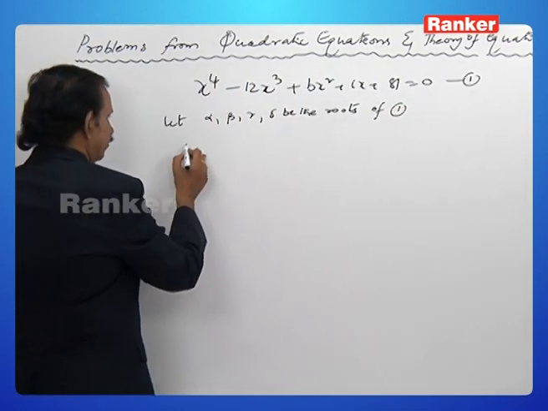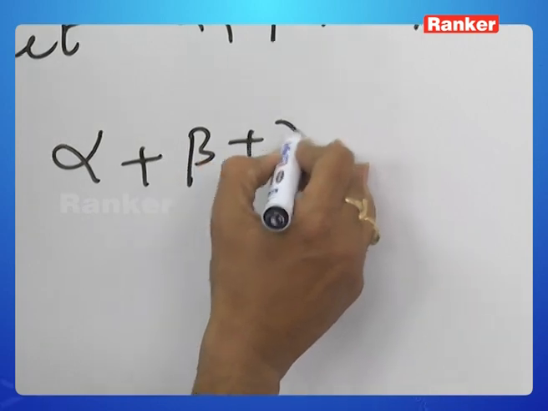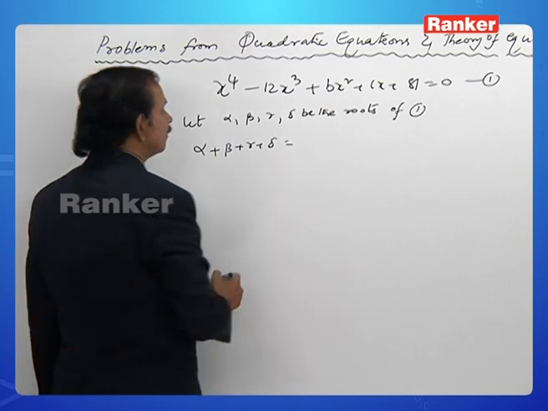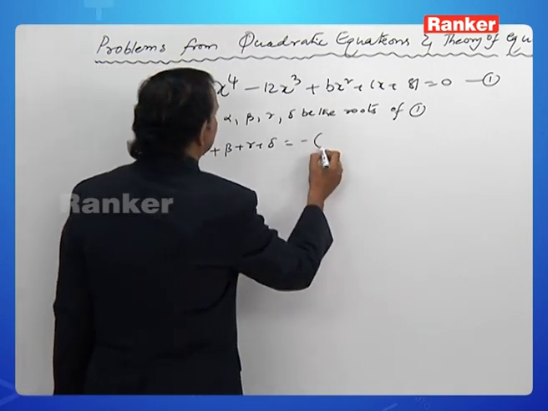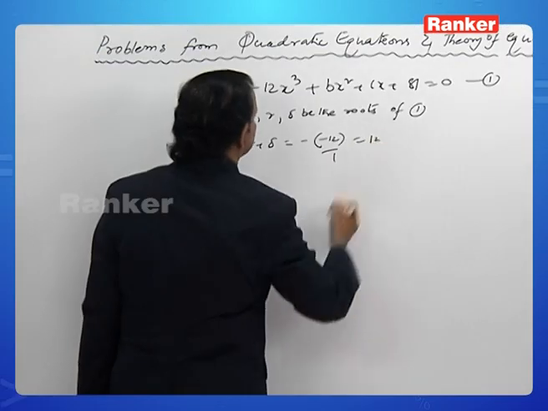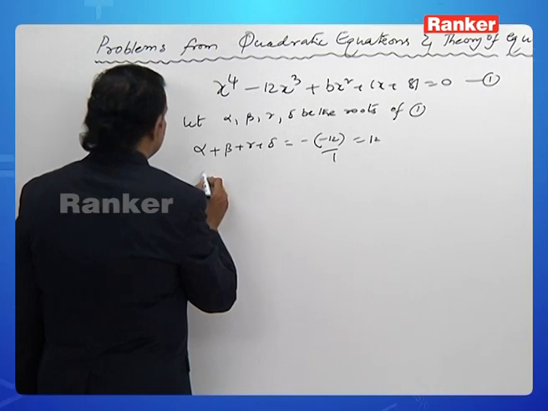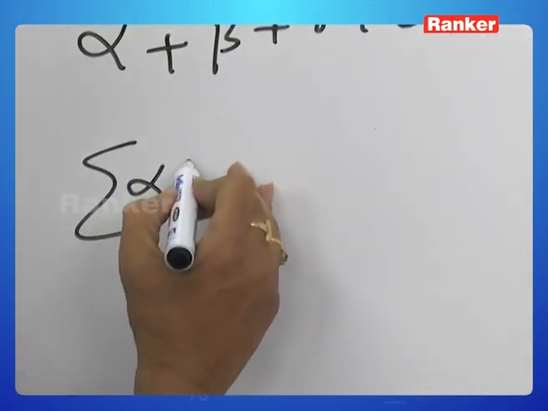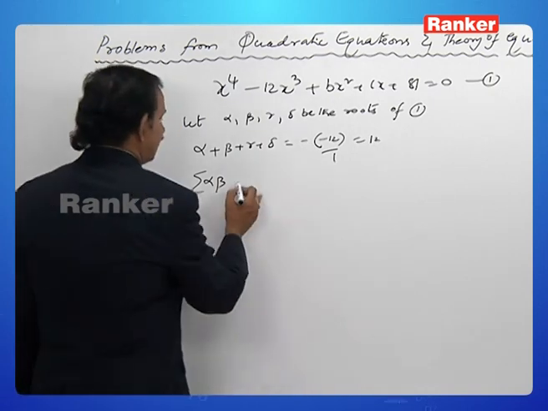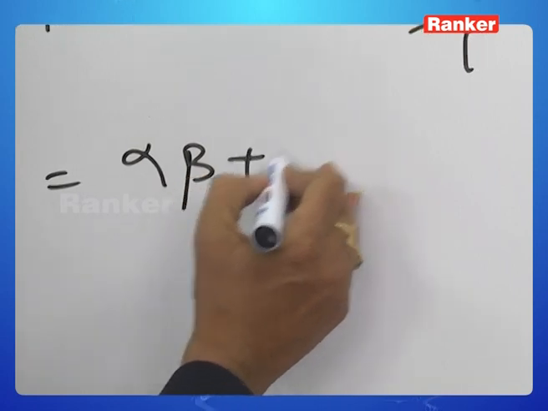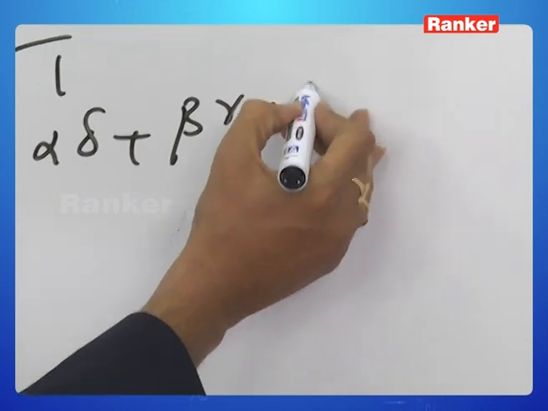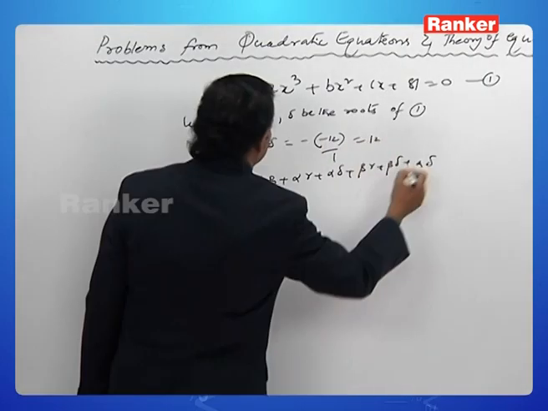So, what can you say about alpha plus beta plus gamma plus delta? Sum of the roots is minus b by a, that is minus of minus 12 by 1, which is equal to 12. What is sigma alpha beta? Alpha beta plus alpha gamma plus alpha delta plus beta gamma plus beta delta plus gamma delta.